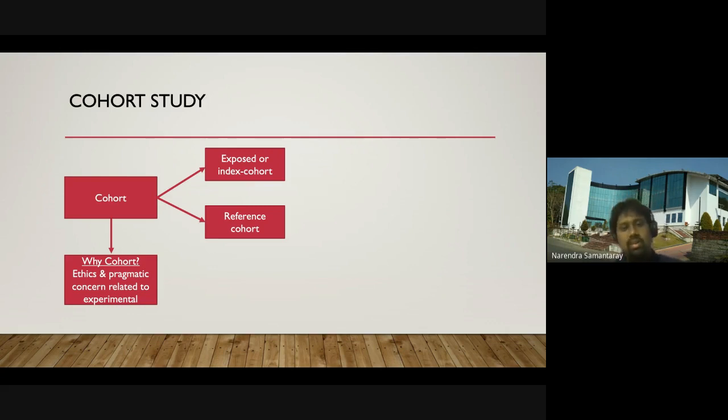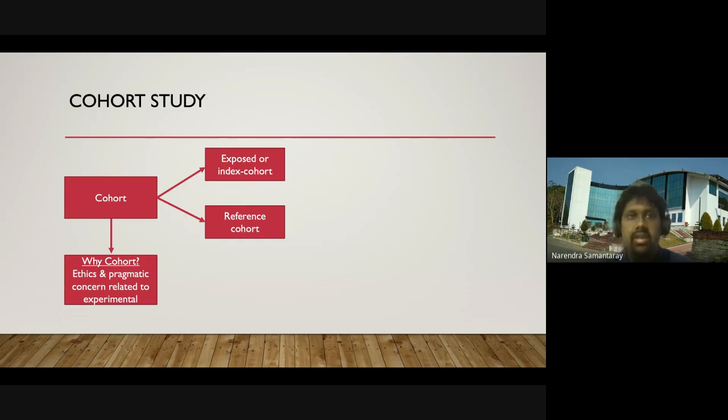So at that point in time, the researcher takes those individuals where the exposure has already been done. And here he doesn't have that ethics issue of exposing a person to a certain kind of threatening condition or certain kind of protective condition. So basically it is related to ethics.